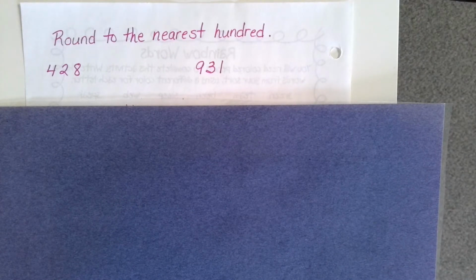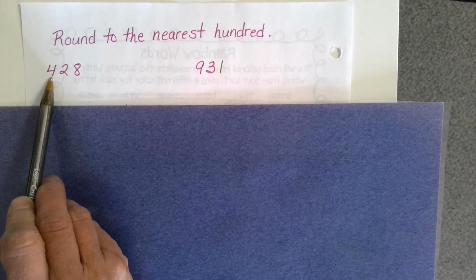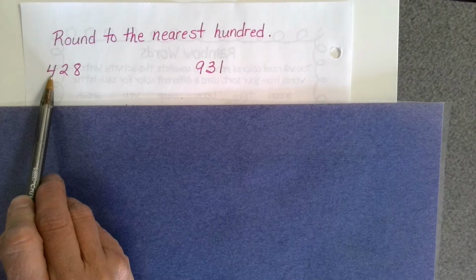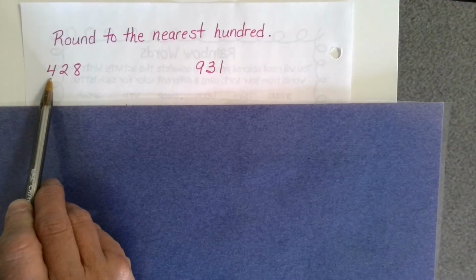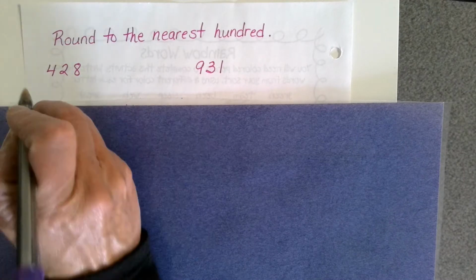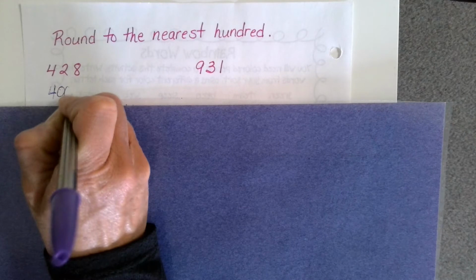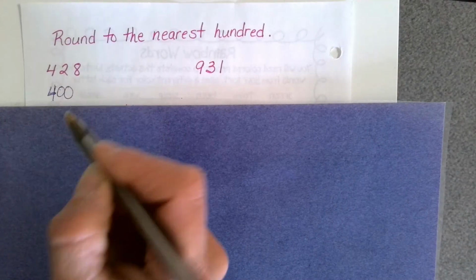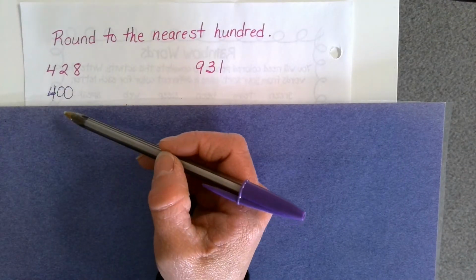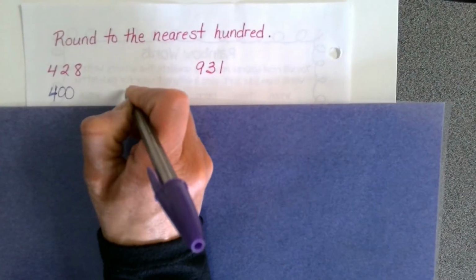So when we're rounding numbers to the nearest hundred, it is important that we know what the hundreds are, the numbers between. So looking at 428, we're going to look at the digit in the hundreds place, and we know that that's a 4. So I know 428 would be between 400, and then if I'm counting by hundreds, 100, 200, 300, 400, 500 would come next.